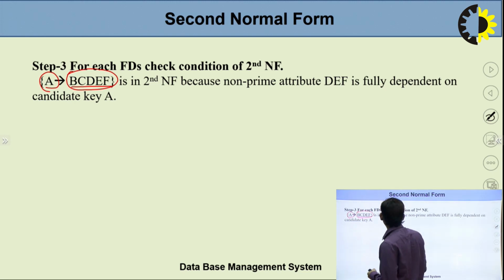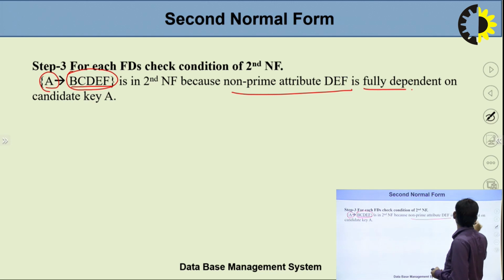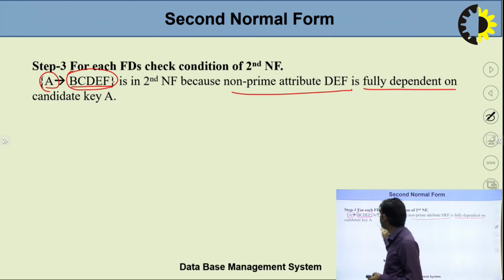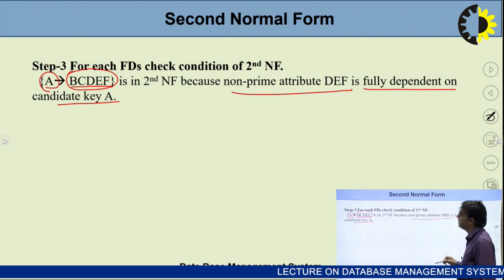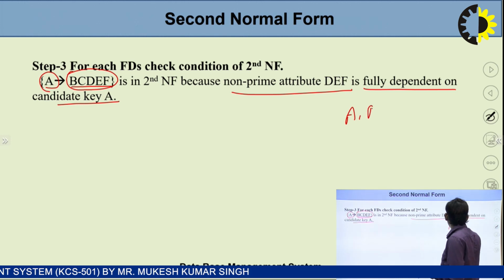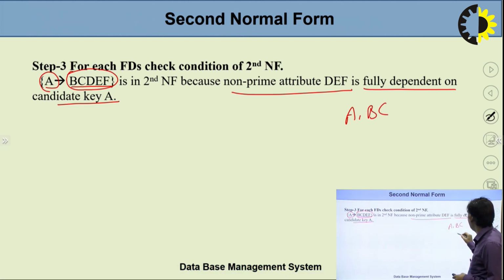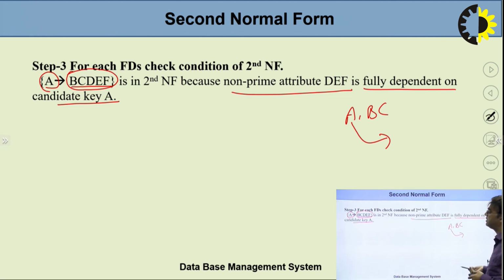That's why it is in second normal form, because the non-prime attributes DEF are fully functionally dependent on the candidate key. A is able to derive the non-prime attributes D, E, F.